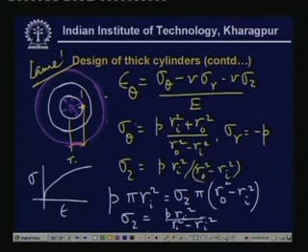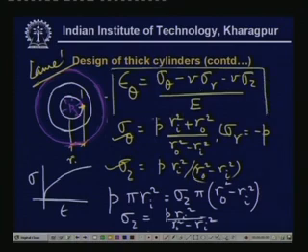Now, the next step is to insert these three expressions in the expression for strain, noting that E, Young's modulus, times epsilon theta gives an estimate of the stress along the circumferential direction, and limiting epsilon theta is just limiting that value of the stress, and that stress is taken to be the fracture stress or the tensile allowable stress of the material.